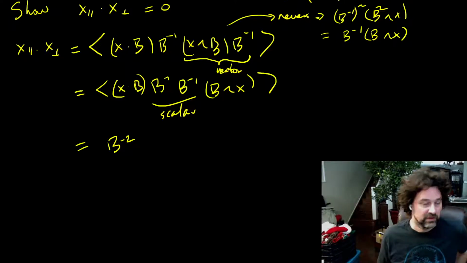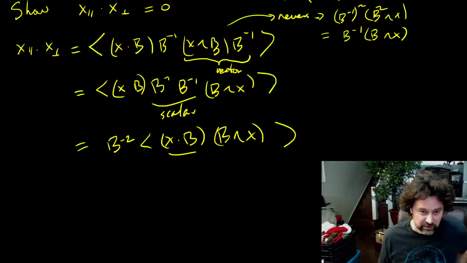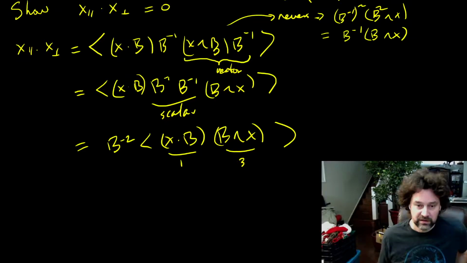So let's say, and then we're left with x dot b times b wedge x. We want the grade 0 term of this multivector product. This is a vector, this is a trivector, and that means the product has grades 2 and 4.